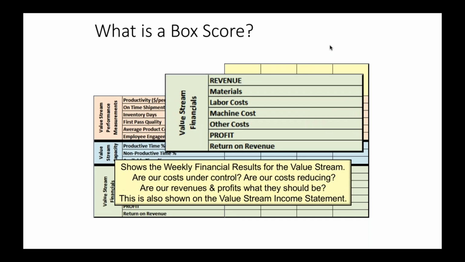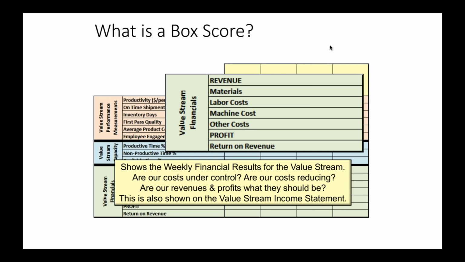Our value stream income statement, which we talked about in session 3: what are the actual revenue and actual costs for the period being reported? Now, this slide talks about weekly results, and ideally you'd like to report the box score on a weekly basis.